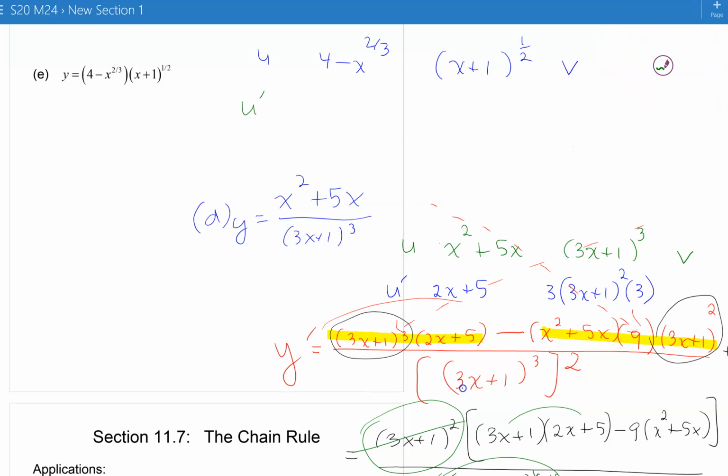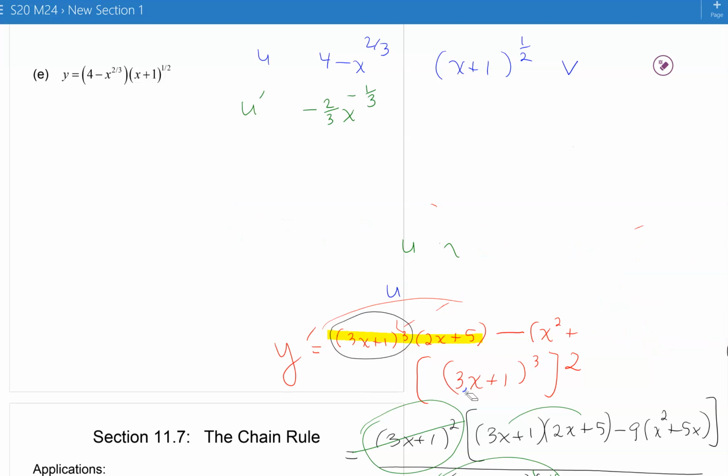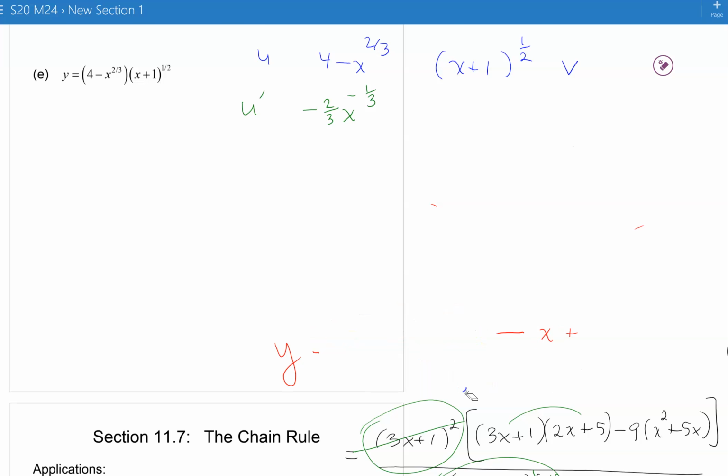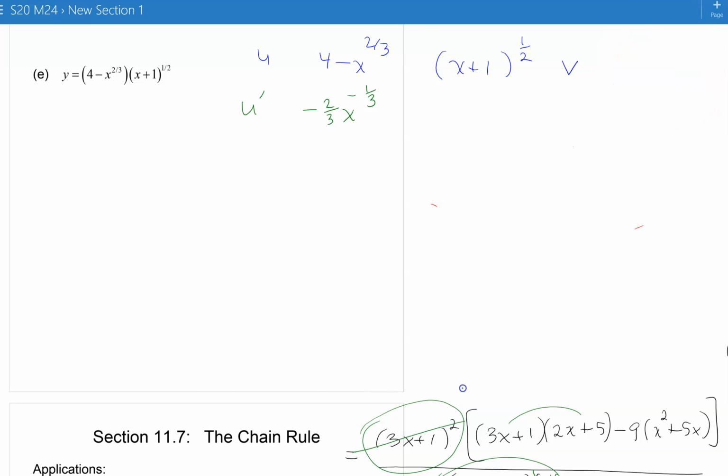Then U prime, that one's easy. Negative 2/3 x to the negative 1/3. But the V function, we're going to need a chain rule for that one. So let's come do it in a different place so it doesn't mess up our crisscross multiply pattern.